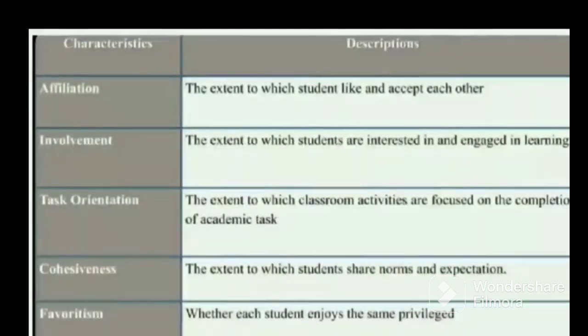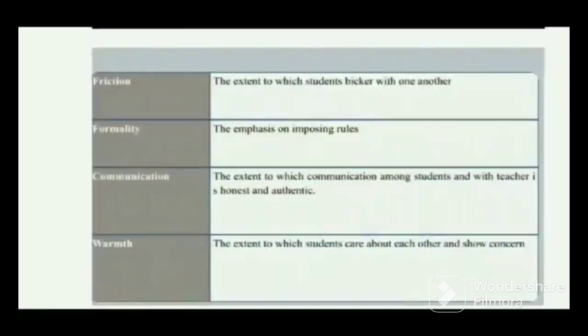Fourth, cohesiveness. Description: the extent to which students share norms and expectations. Fifth, favoritism. Description: whether each student enjoys the same privilege. 6. Friction. Description: the extent to which students bicker with one another. 7.